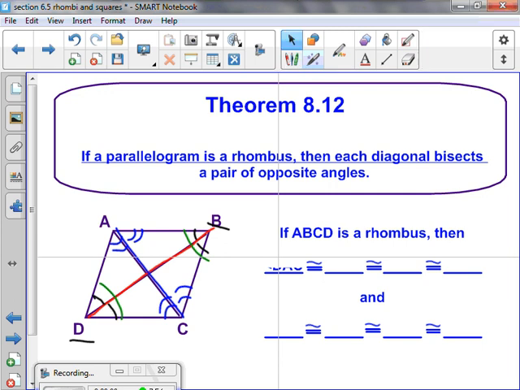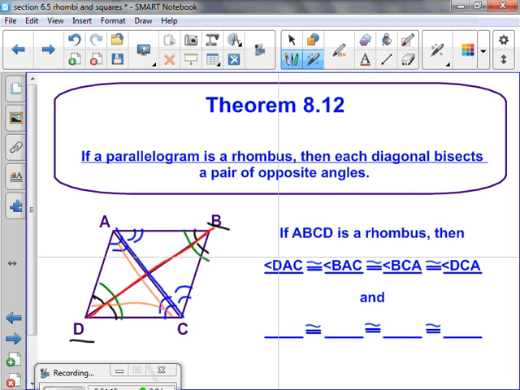If ABCD is a rhombus, then we know angle DAC is going to be congruent to angle BAC, is going to be congruent to angle BCA, is going to be congruent to angle DCA. Let's quickly point out what that actually is saying. That's saying that if we have a rhombus, then this angle here is going to be the same as this angle here, is going to be the same as BCA, this one right here, is going to be the same as this one right here.